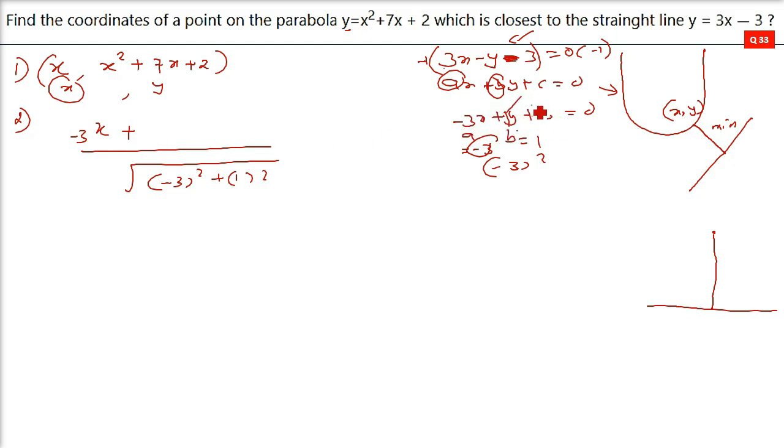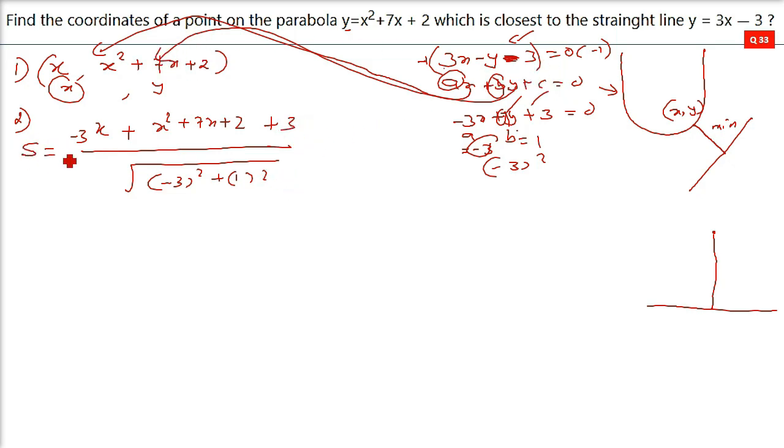Negative 3 is a, b is 1, and c is 3. In place of x I'm writing x, b is 1 and y is of course x square plus 7x plus 2. C is 3. So this is your distance.